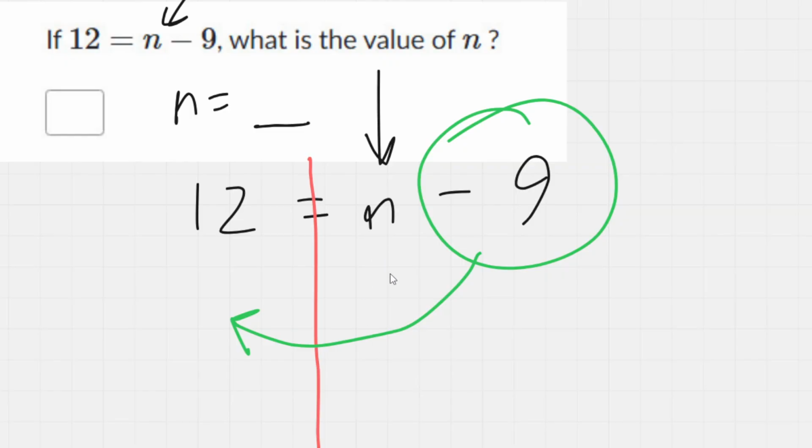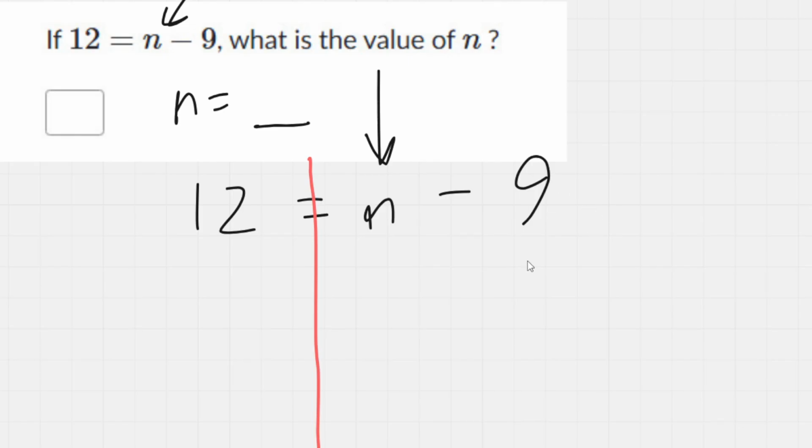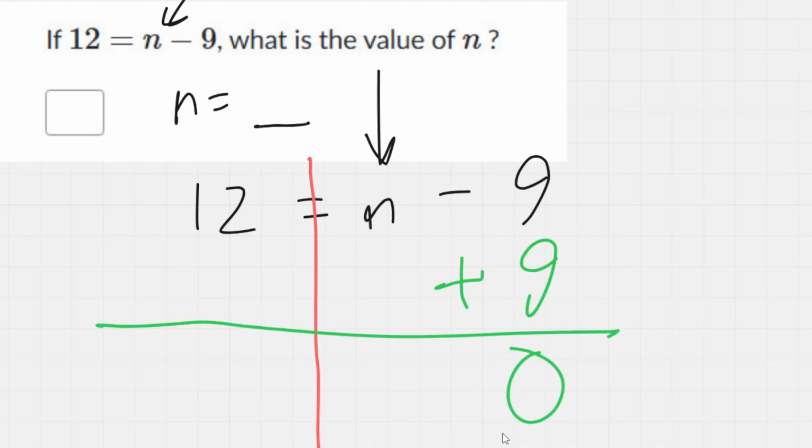You want to get rid of the negative 9 by doing the opposite, which is adding a 9. Because what is negative 9 plus 9? That's going to be equal to 0, which I don't have to write. Just acknowledge that this is an empty space. But when you do this, you can cross these out.